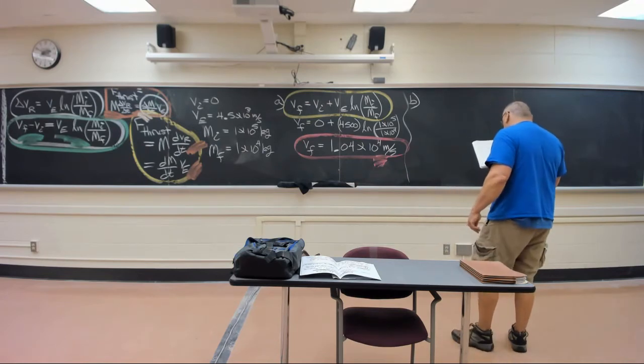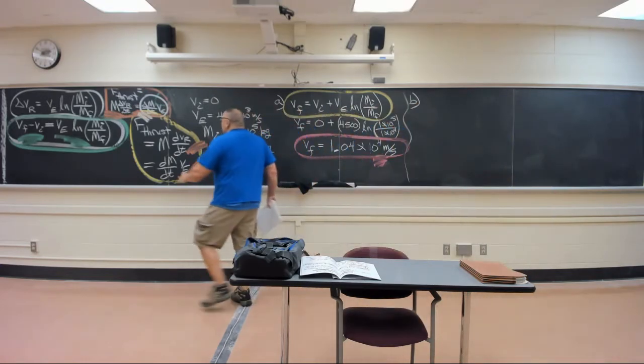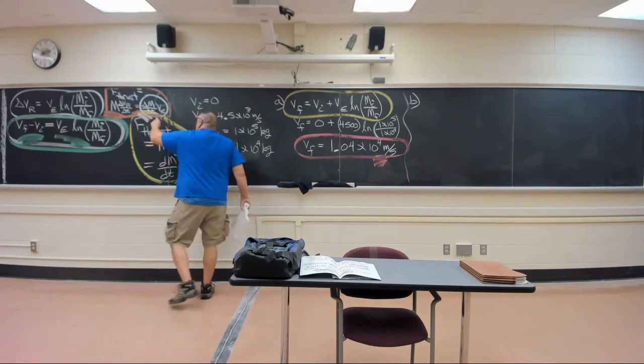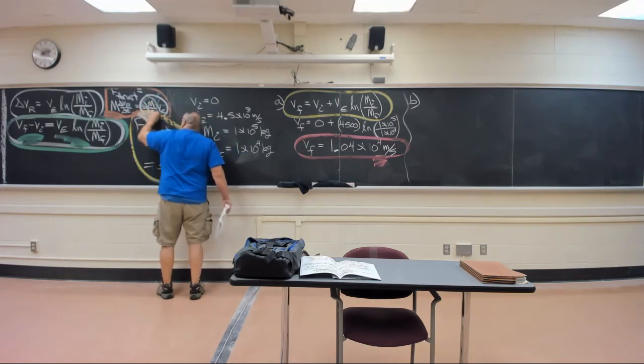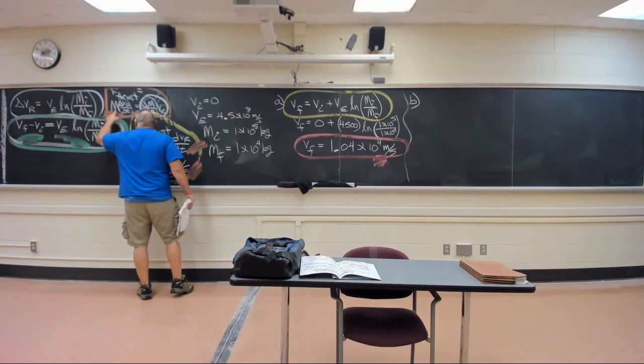Let us talk about it then. If that's the case, the thrust is delta M over delta T times VE. This right here is a constant. That right there is a constant. This ratio is not constant, if they are inversely proportional to each other.